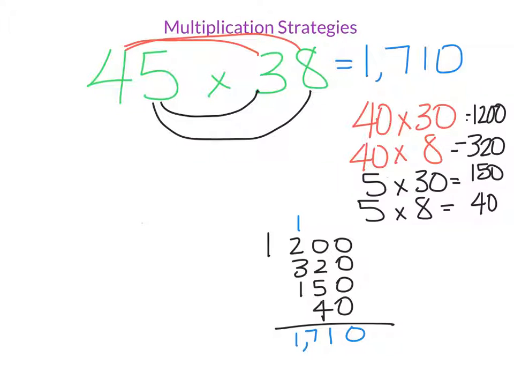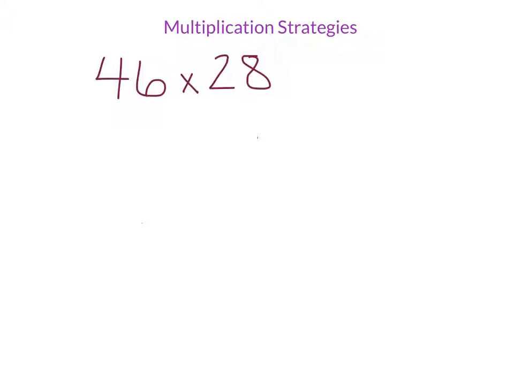Alright, draw a line underneath this strategy, and now we're going to do, people call it the box method or the array method. It's just another way of breaking up by place value. Alright, the second strategy, you're still breaking everything up by place value, but you're just organizing it differently.